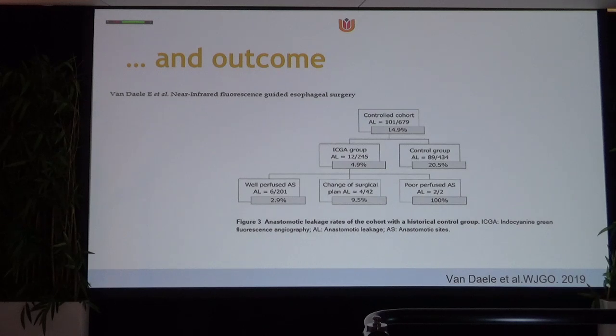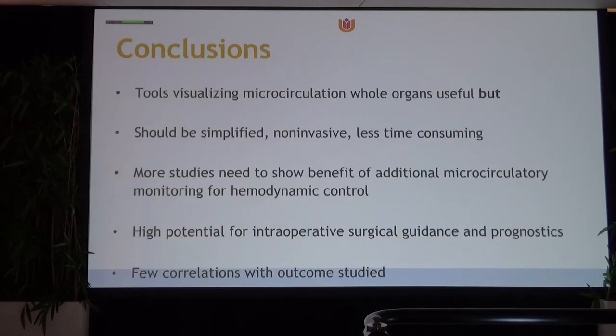Their patients did much better than those patients where those tools were not used. So although this is a review with combined patient groups and a historical control group, this is really a marker for the future, that we can do something about it. And we need more prospective studies to see how we can do this.